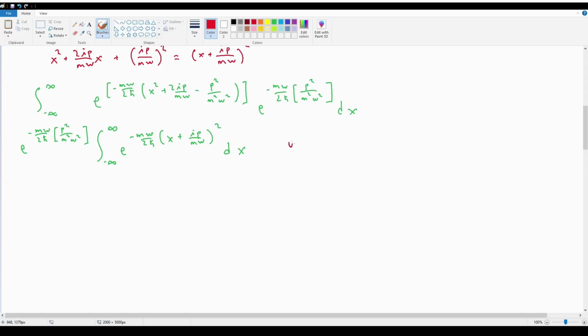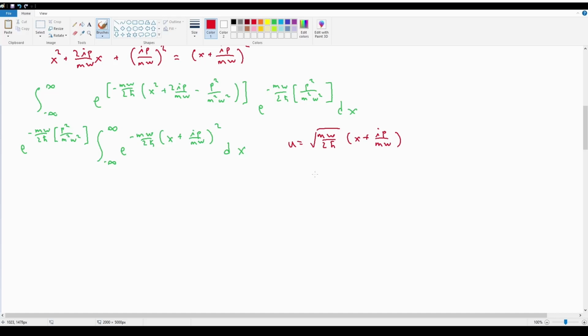If I say u is going to equal x plus ip over m omega, and actually, just to make this even neater, let's turn that beginning term in front also into part of the u. So let's say u is equal to the square root of m omega over 2h bar multiplied by x plus ip over m omega.